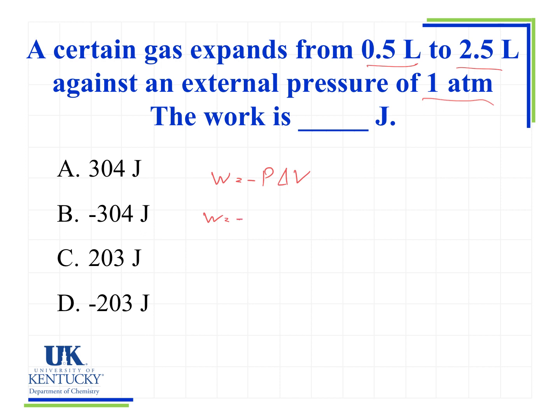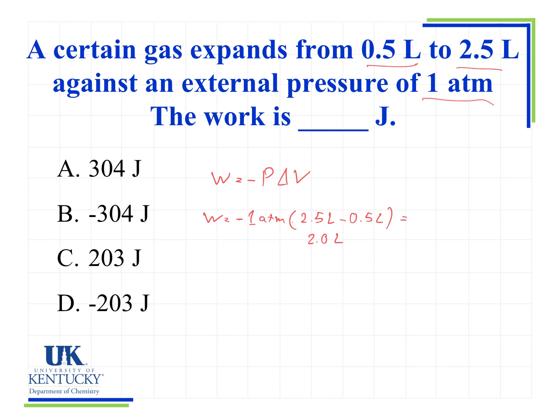So the work is negative, the external pressure is 1 atmosphere, and delta V is V final, 2.5 liter, minus V initial, 0.5 liter. So that is 2.0 liter.